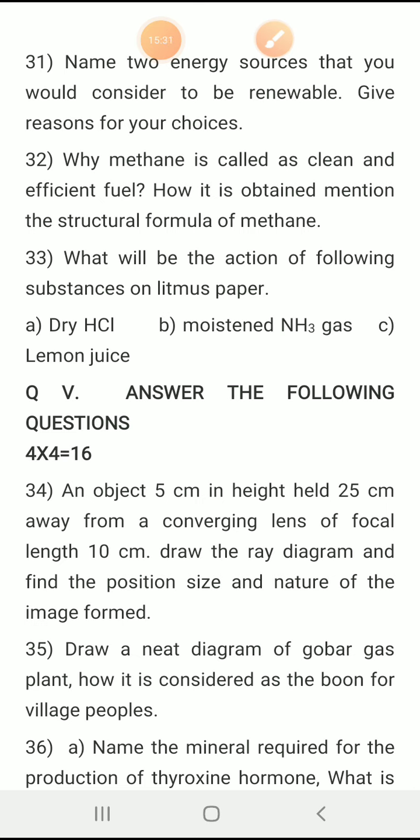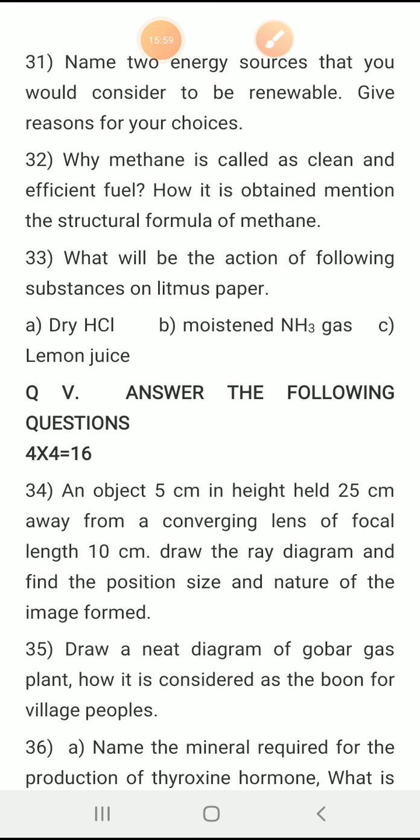Okay, so very simple here. Why is methane called the clean and efficient fuel? Because it is 70% methane. Very simple. The thing you have to write in the science paper is that it produces less exhaust to the environment and more heat, right? So how is it obtained? Mention the structural formula of methane. It is obtained from the gobar gas plant.